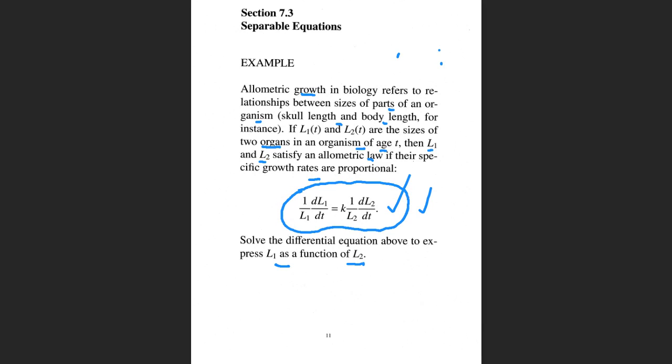That's right, Ange. So we don't really need to separate the variables. Now, we do have the t variable, but we're going to take care of that. Let's focus on L1 and L2. On the left-hand side, you have a function of L1, and on the right-hand side, you have a function of L2. Let's see how to express L1 as a function of L2. Let's go to the solution.